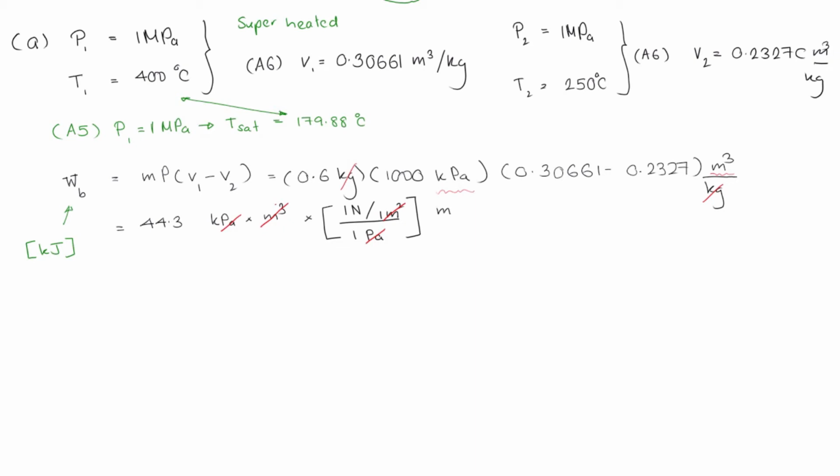Now I have to get rid of newtons or Newton meters. We know that 1 Newton meter is equal to 1 joule. So we get final units of kilojoules. In part B, we know that V2 is equal to V1 into 0.4.